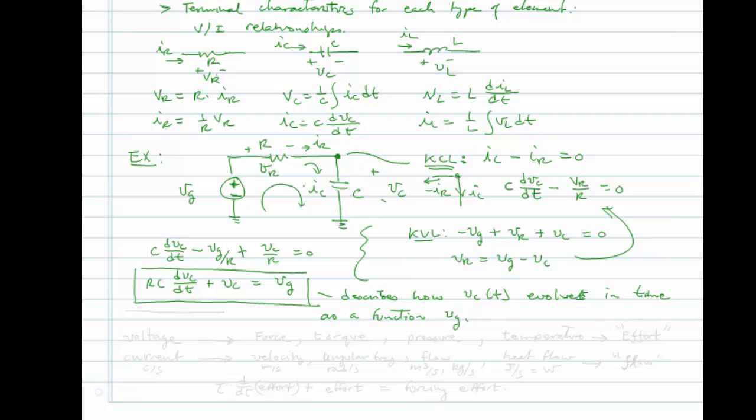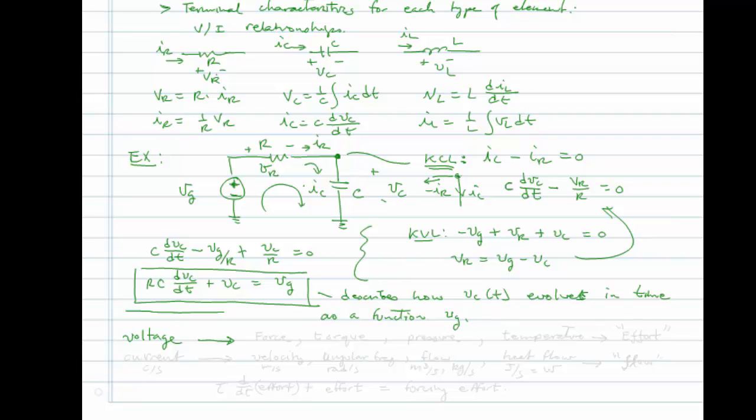Now, although this differential equation describes an electric system, it would have the same form if we were describing a first-order mechanical or thermal system, etc. And so we actually can think for a moment about some analog quantities that would be analogous to voltage.